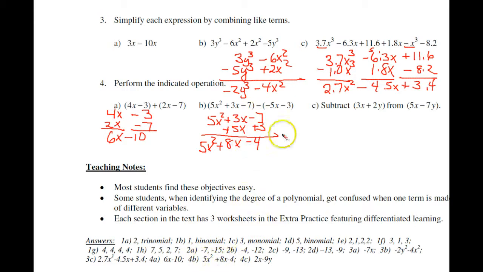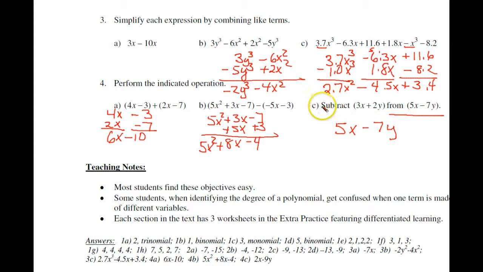Perfect. Again, I saw a lot of these incorrect. They didn't have a strategy that would give them correct answers. Now, here's kind of a tricky one. When it says from something, put this on top. 5x minus 7y.